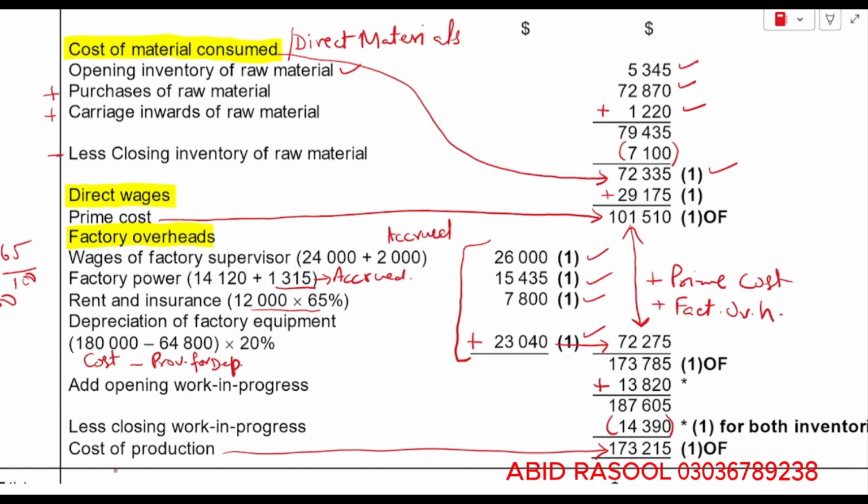If you label it as cost of production and write whatever figure you get, even if this answer is wrong, you will still get 1 mark, because it is an own figure mark. There can be a calculation mistake in the upper portion, so even with the wrong figure you will get the mark, but the figure must be there. They have to check that you did all the things and considered all the values.